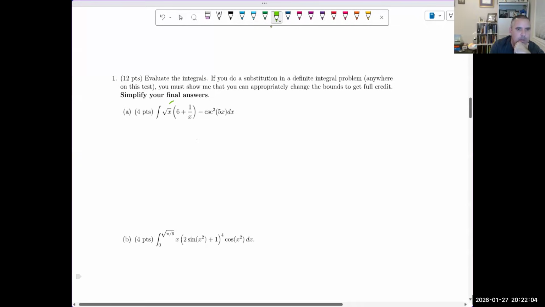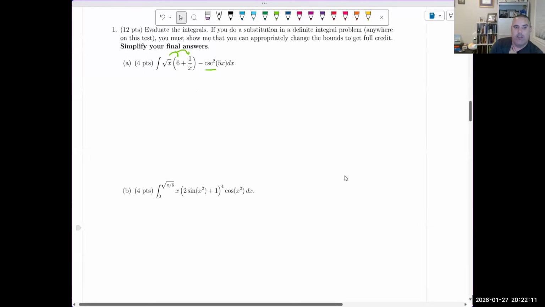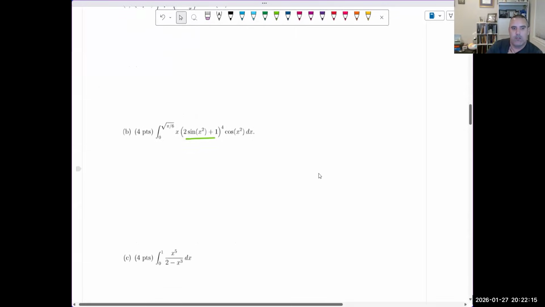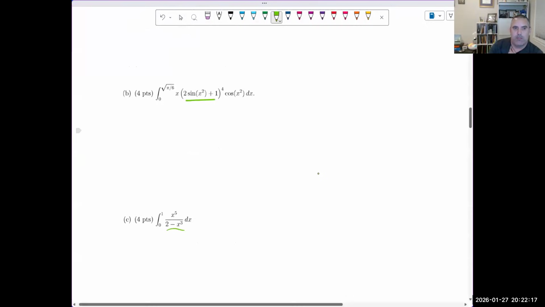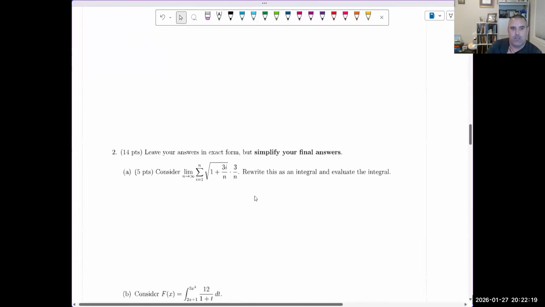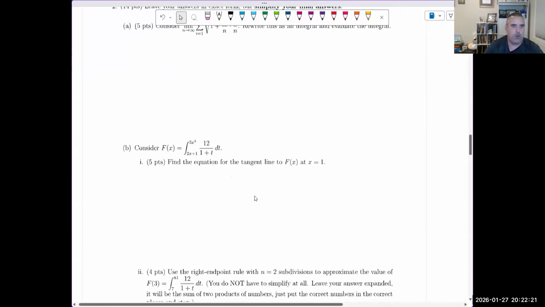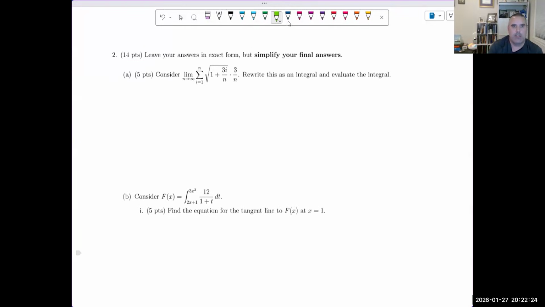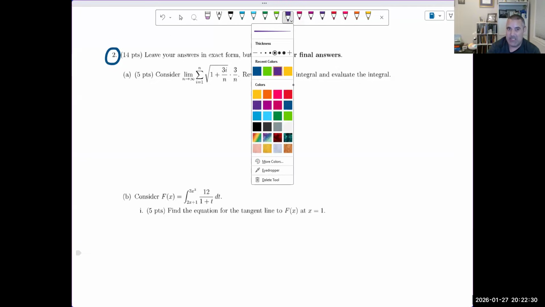But anyways, this problem I would expand, and then I'd have to remember what cosine squared is. This problem I'm going to do substitution. That's my u. This problem I'm going to do substitution. That wasn't the question. So the question was part B of this page, but since we haven't done a page two question yet, part A is actually really fast.